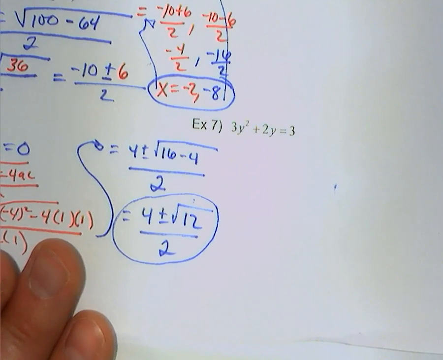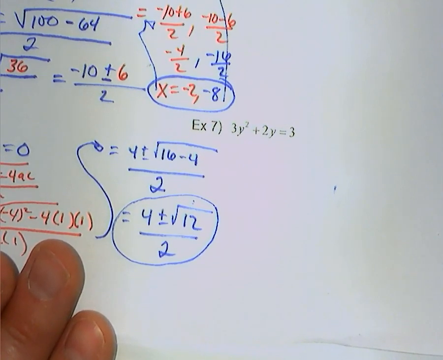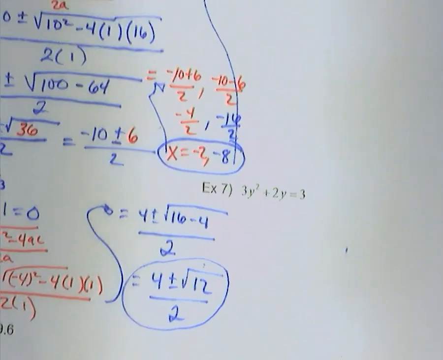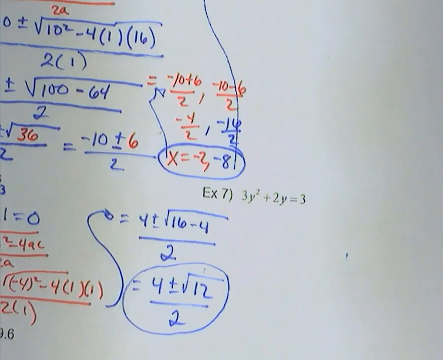And if you take a negative and you square it, a negative times a negative is a positive. You can square a negative, and it will be a positive. So anytime you square anything, it always turns into a plus. Hopefully that makes sense.